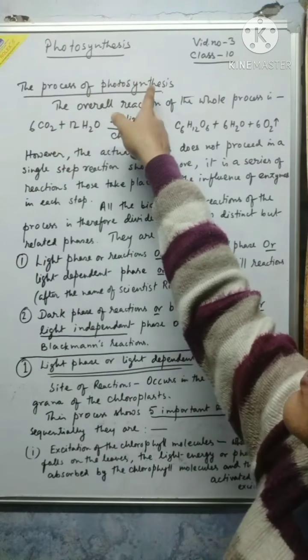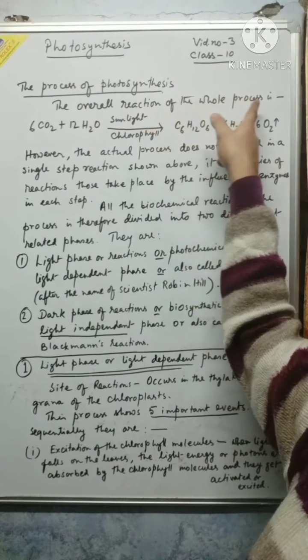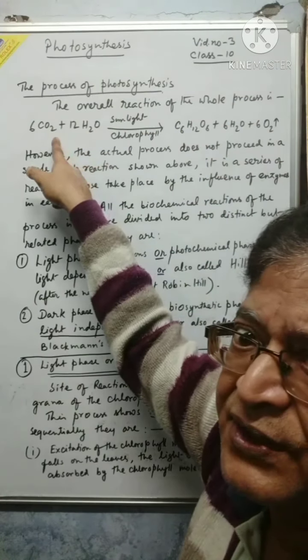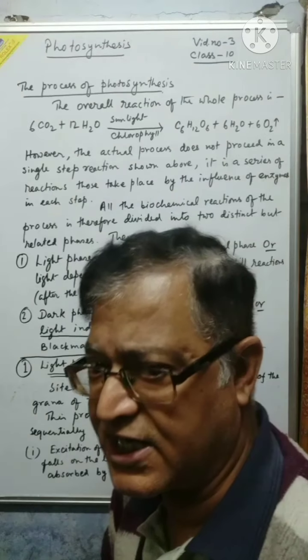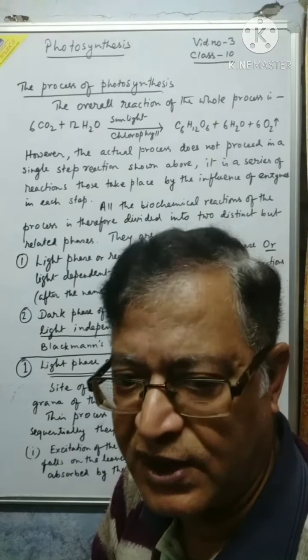The process of photosynthesis. The overall reaction of the whole process is this. Whenever we represent any reaction, we represent it in the form of a chemical formula.